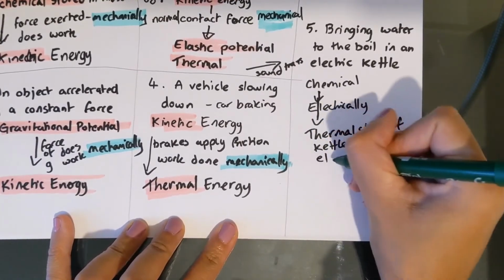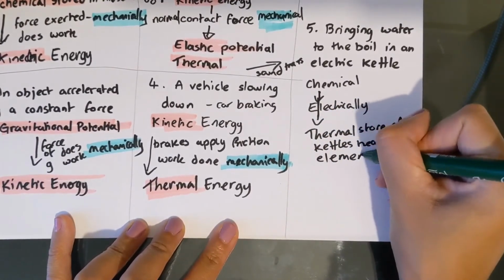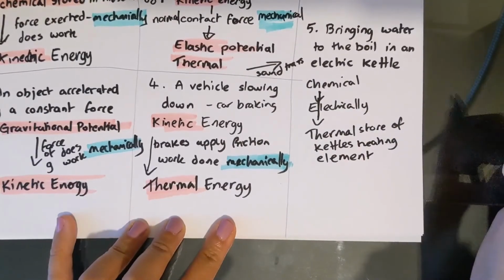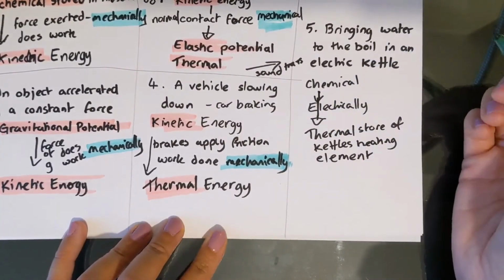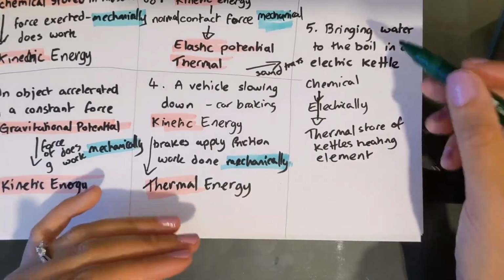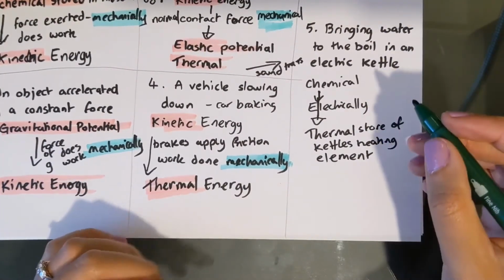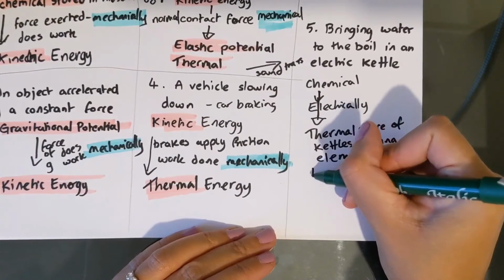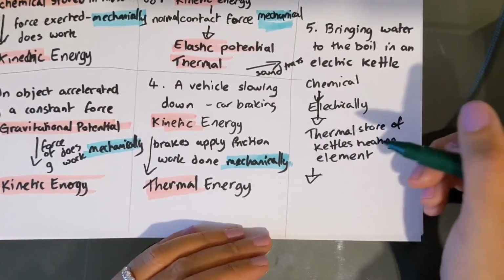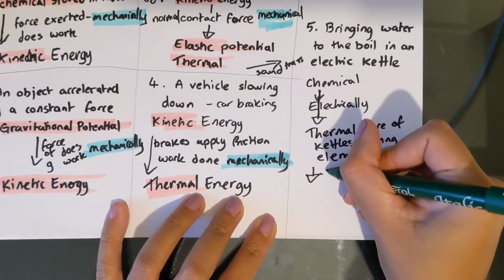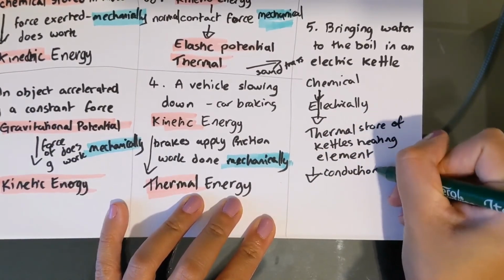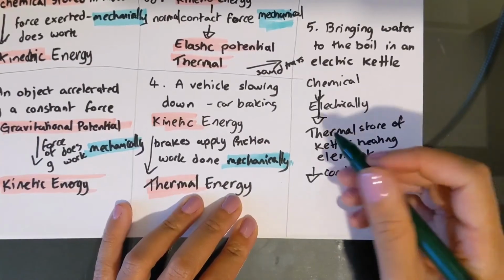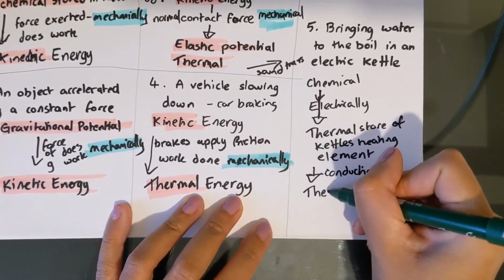And the way this works is that the heating element is going to have a very high resistance wire running through it. So the high resistance is going to mean that it's going to heat up, right? So the thermal store of the kettle's heating element, and that is then going to transfer energy by heating, by conduction, to the thermal store of the water.